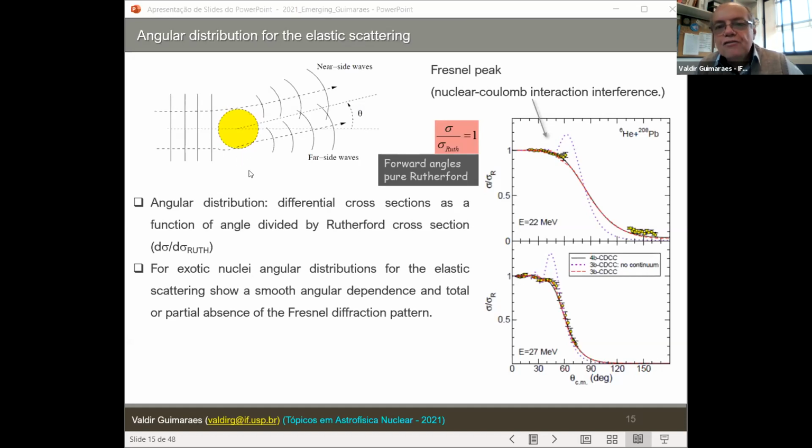And so this interference between the two, Coulomb and the nuclear potential, is more or less affected or smoothed, and you have strong absorption. And if you have a stronger absorption here, you damp this peak. So that's why usually this is one strong characteristic of the angular distribution for a weakly bound projectile. You have a damping of this Fresnel peak.